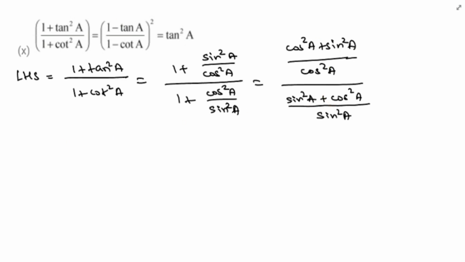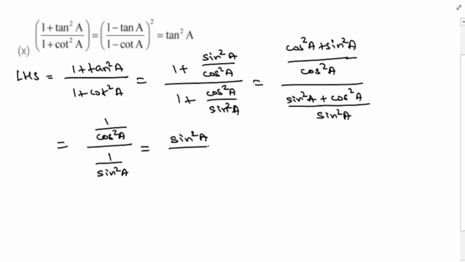So what we will get? 1 divided by cos square A divided by 1 divided by sin square A. This equals sin square A divided by cos square A, which equals tan square A. This equals RHS.